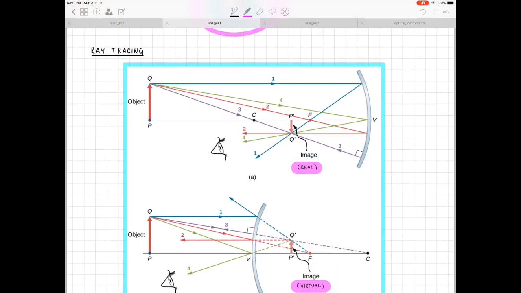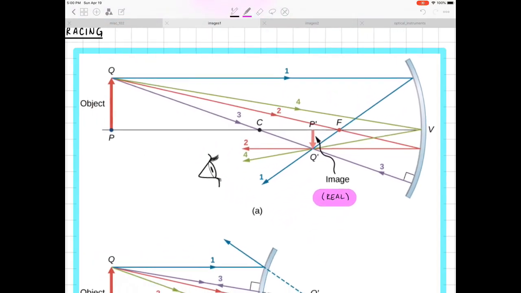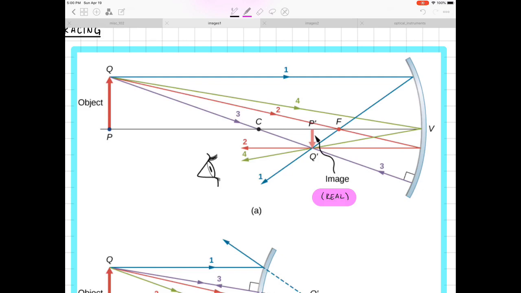So the first thing we do to try to get some intuition about what happens when you have a curved mirror as opposed to a plane mirror is to do ray tracing. And ray tracing just gives you an idea of, given an object someplace near your mirror, where an image is going to form. And so we're going to run through the 4 rays that you can always draw if you have a curved mirror to figure out where the image forms.